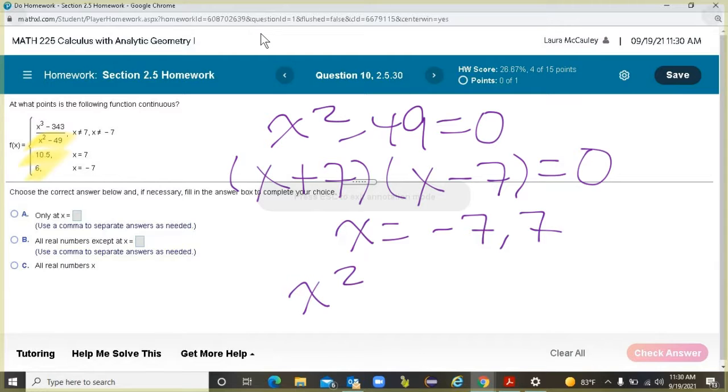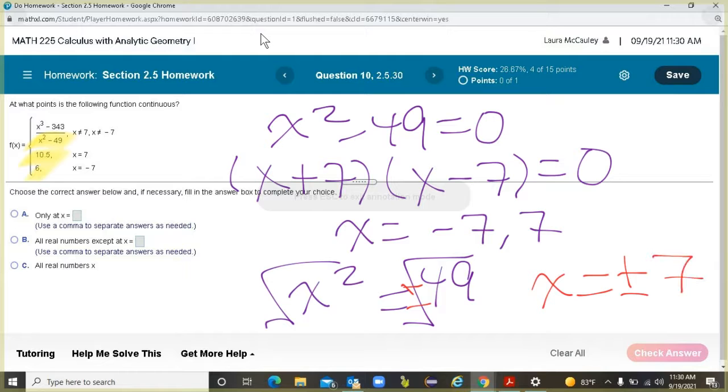If you just solve it, so you just move the 49 over to the other side, and then square root both sides, do not forget your plus or minus, otherwise you're going to lose a value, right? So x is plus or minus 7. So you can solve it without factoring it, just do not forget your plus or minus there. So we know that this thing has problems at plus and minus 7, okay?